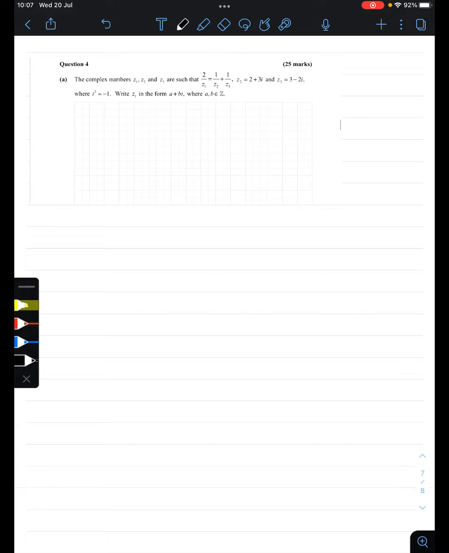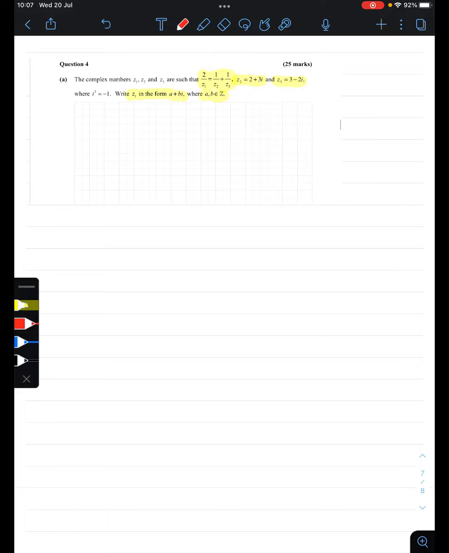Okay, so how are we going to go about this? Well, first let's try and identify what's important. We have this relationship here. We have what z2 and z3 are, and we want to write z1 in the form a plus bi, a and b integers. So what is the question giving us?